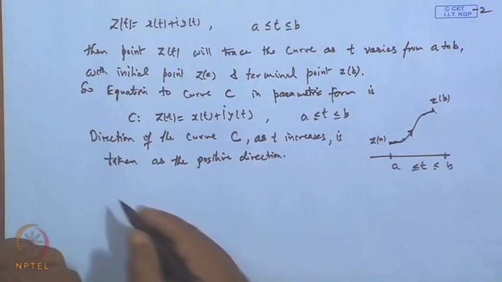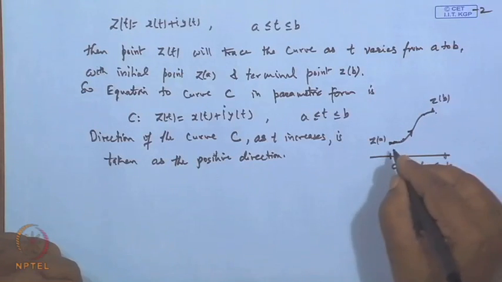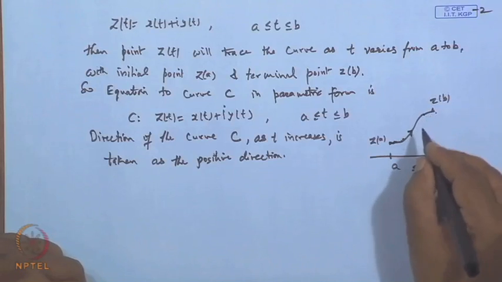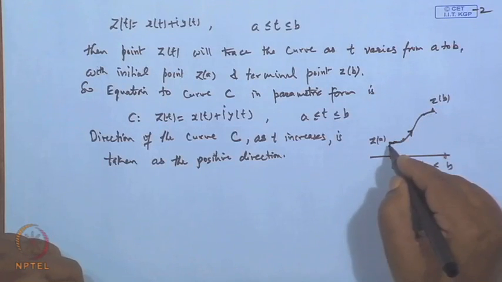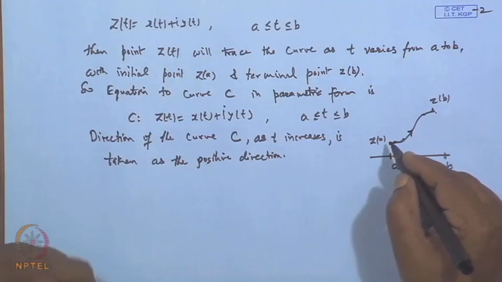Now, when the curve traces the points, if the terminal point and initial point coincide, then the curve is said to be a closed curve.